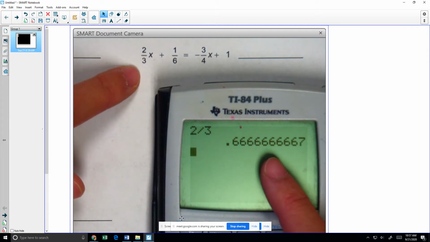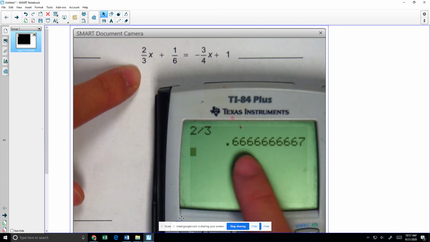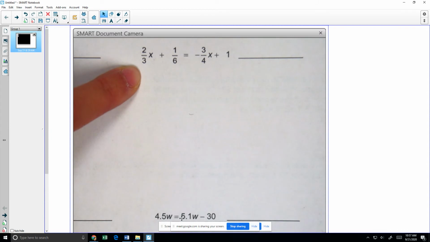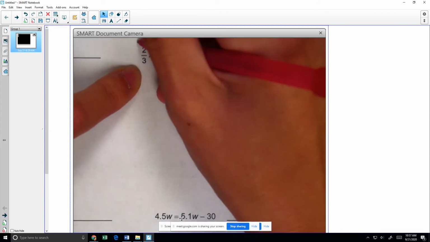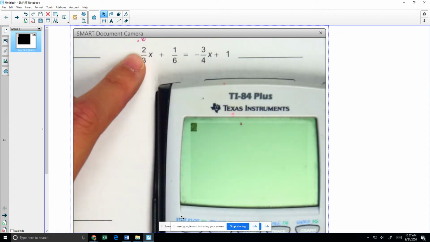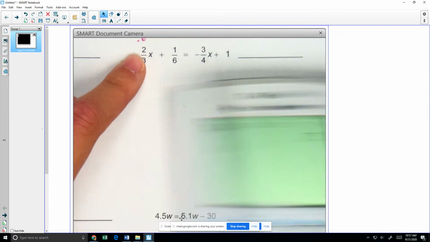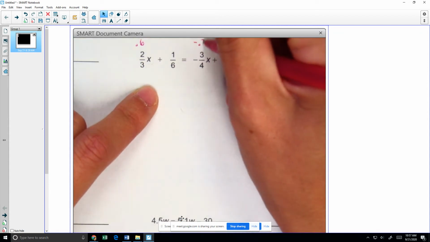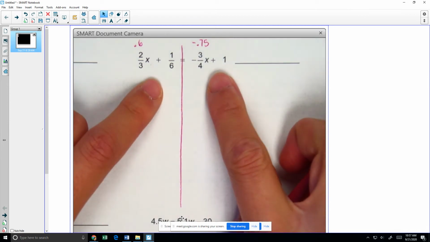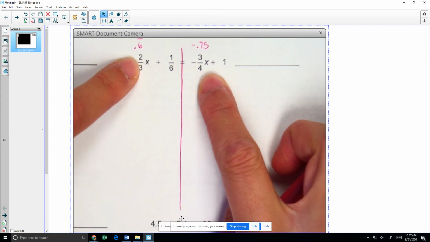I have to leave it as a fraction problem because 2/3 is repeating. So this was 0.6 repeated, and then negative 3/4, let's just see what it is, negative 0.75. Okay, so I have to leave it as a fraction problem because this one is repeated, darn it.